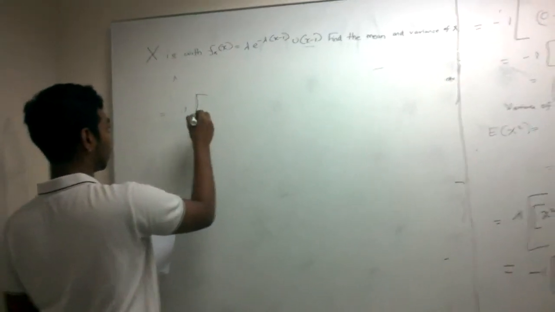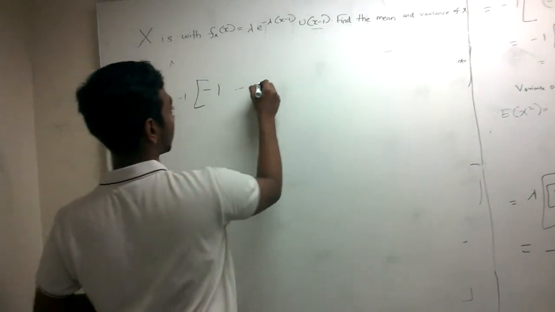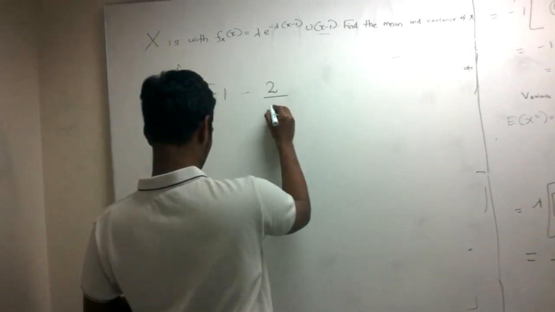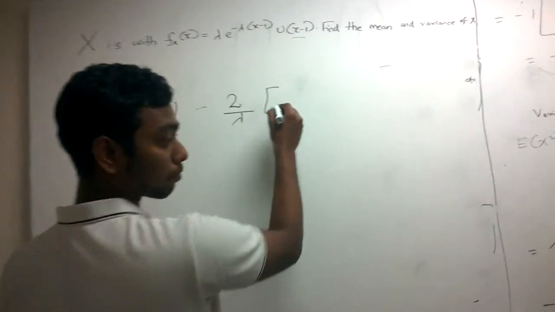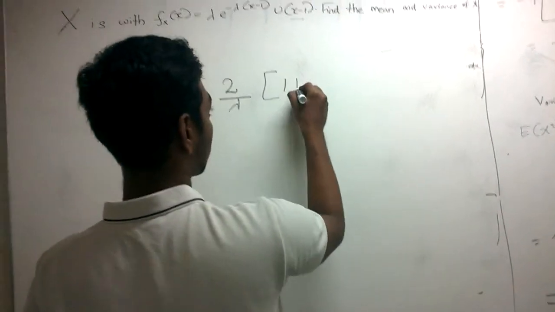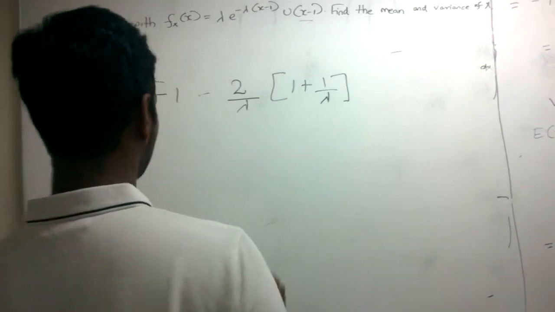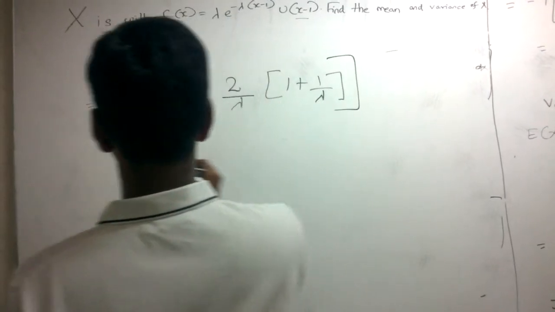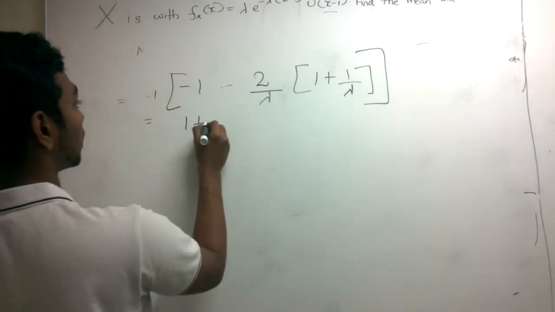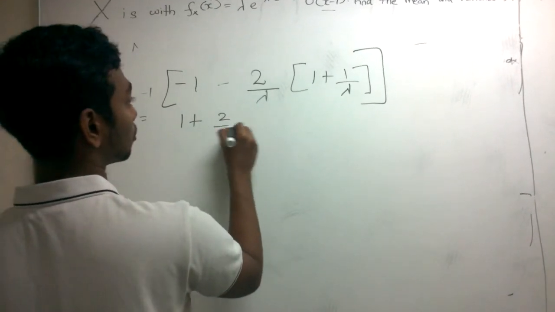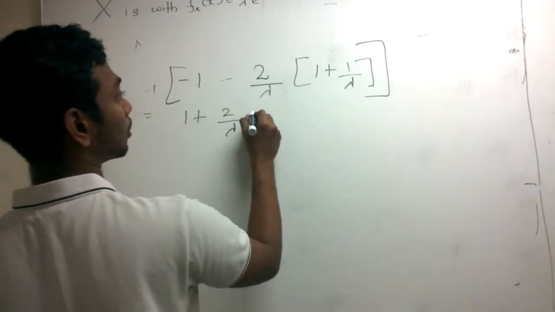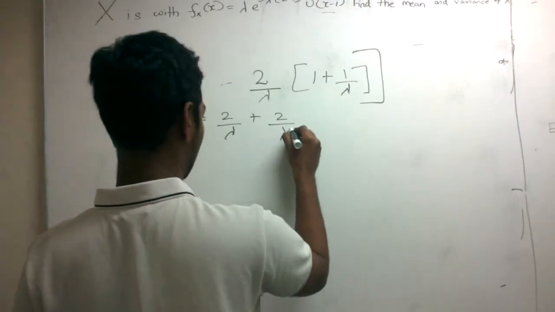So it's going to be minus 1 minus 2 times by lambda, 1 plus 1 by lambda, which is equal to 1 plus 2 by lambda plus 2 by lambda squared. This is E[X squared].